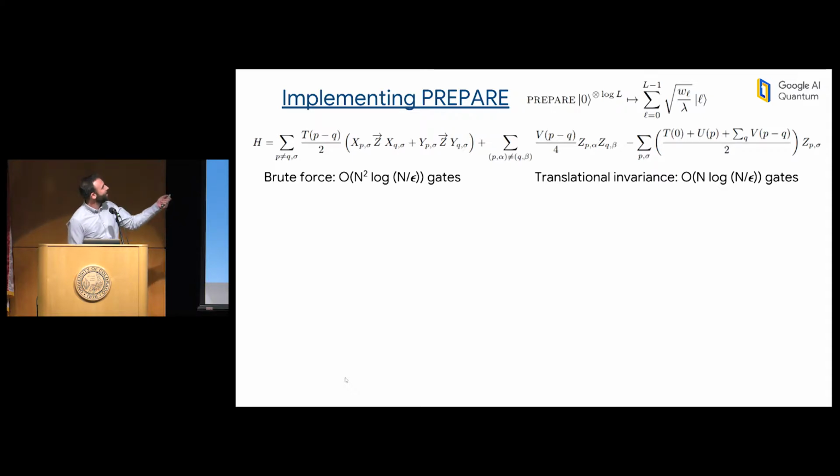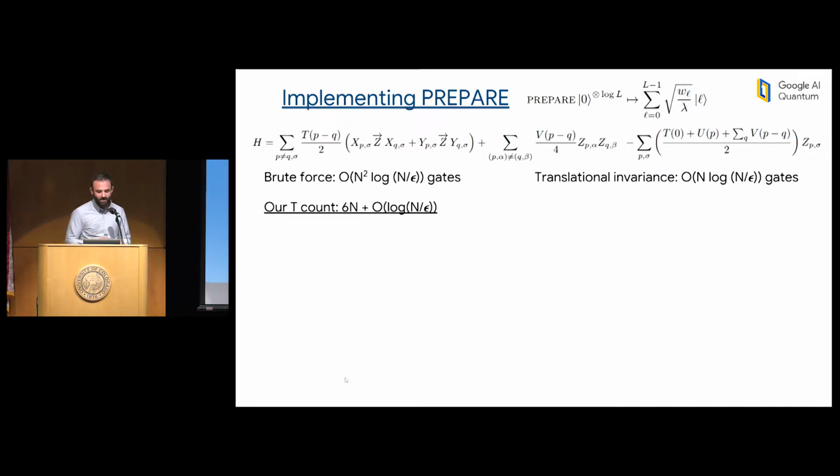And so I've written the coefficients here as p minus q to make that point. The part that's not translationally invariant has only n terms. And so the point is that there's only n unique coefficients. And you could find some clever ways of realizing this with n log n complexity instead. But we do even better than that.